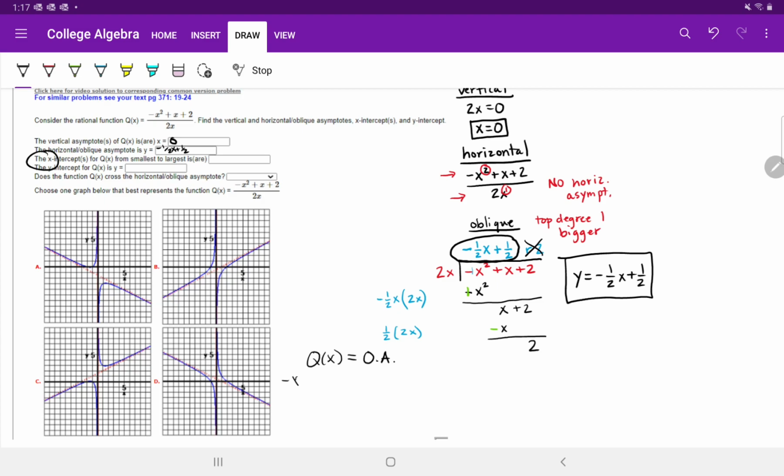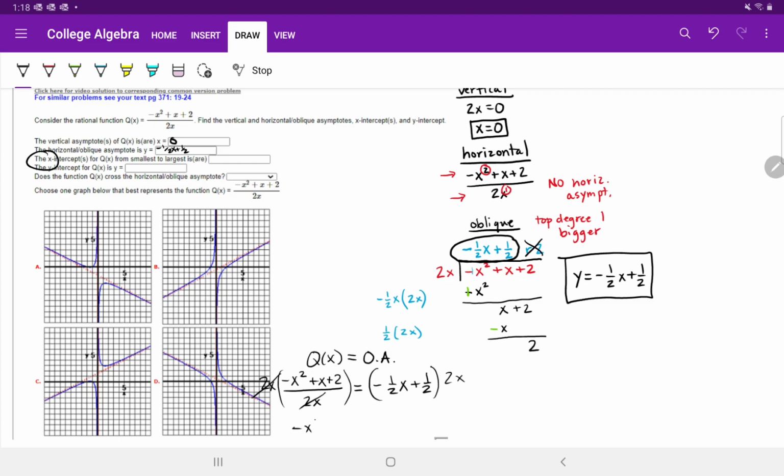So q of x is negative x squared plus x plus 2 over 2x. And that must equal negative 1/2 x plus 1/2 if they are to cross each other. So we're going to multiply the left and multiply the right by 2x. That's going to get rid of my denominator on the left.